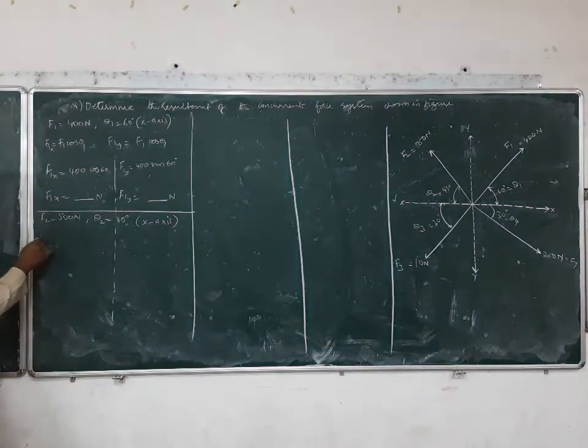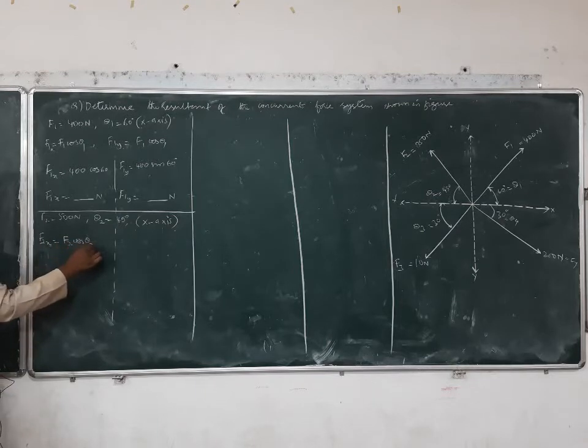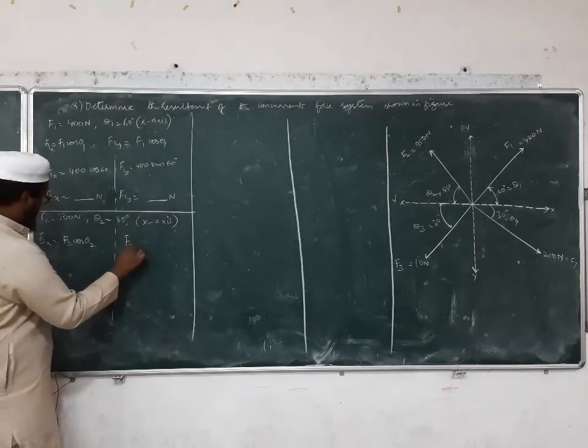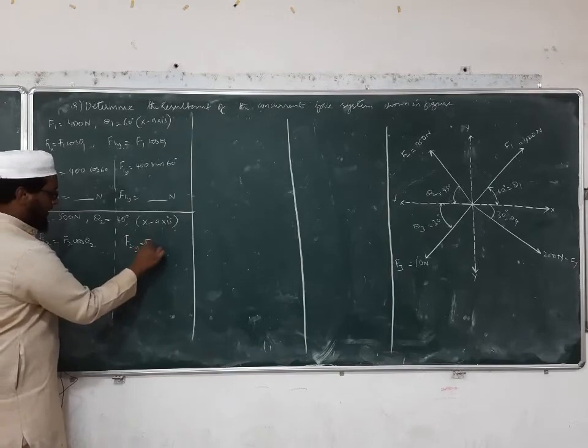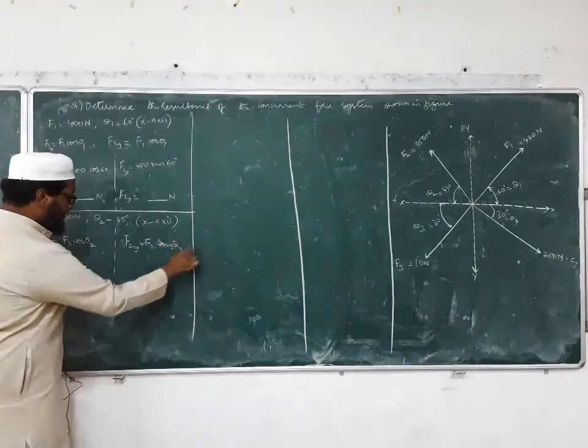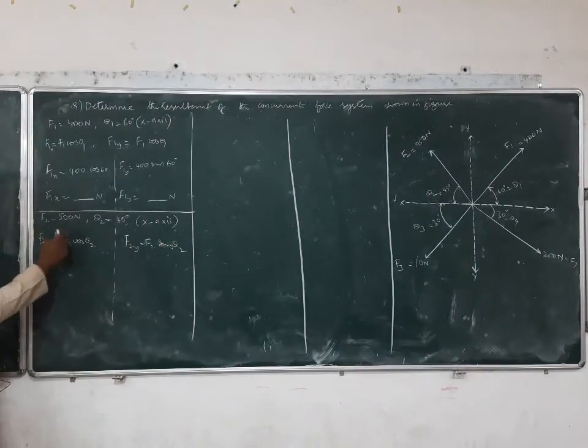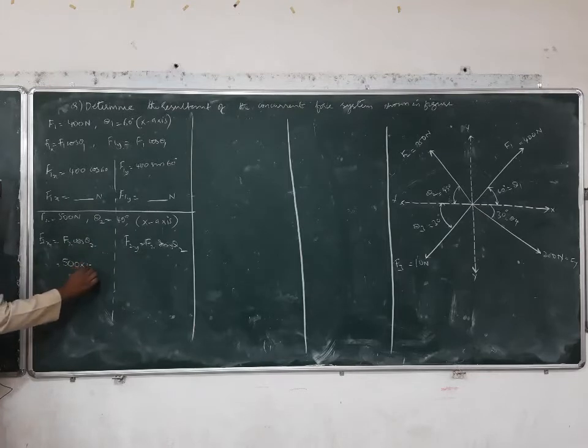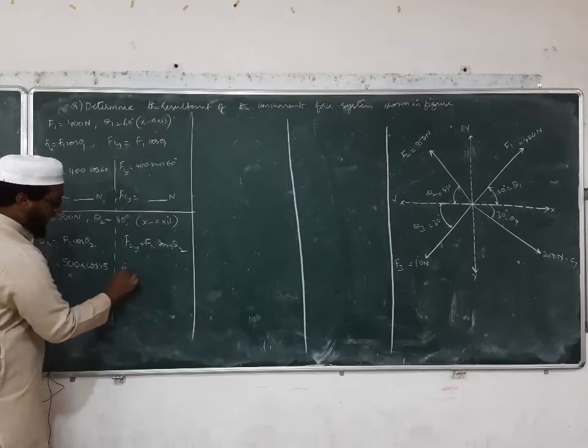So F2x, the x component, is F2 cos θ2, and F2y is F2 sin θ2. So F2x is 500 into cos 45. What about F2y?